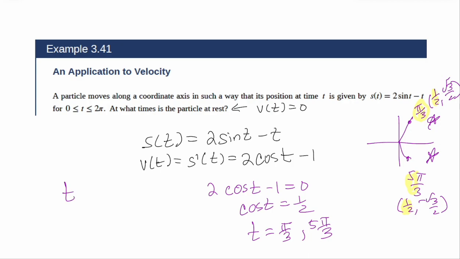So at time approximately 1.05 seconds, at that place it stops. 5 times 3.14 divided by 3, and it stops again around 5.23 seconds. Now, it didn't specify how many decimal places. So since pi is usually rounded to 2 decimal places, 3.14, feel free to round your answer to 2 decimal places.